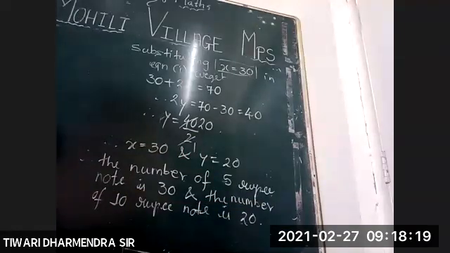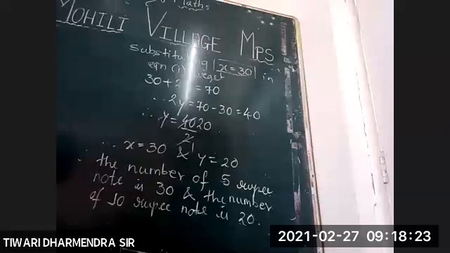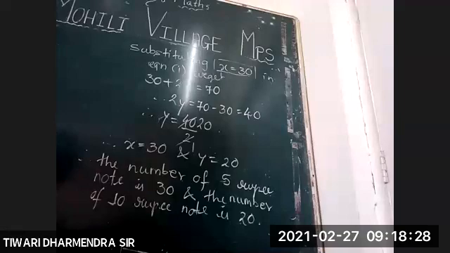Okay, so we are done with the first problem. Very simple, because of the printing mistake, we have lost the flow. Otherwise, it was very simple. Just try to understand. Things are very easy.